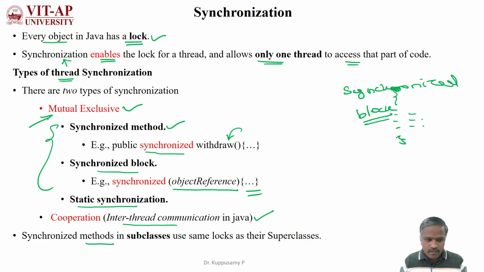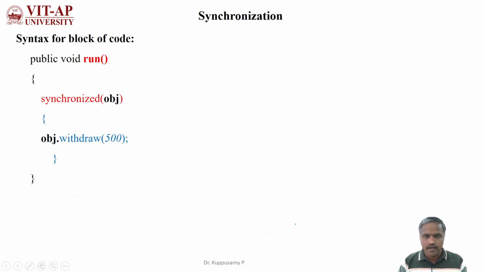In these three subcategories we can achieve the mutual exclusive control mechanism. The synchronized methods in subclasses use the same locks as their parent classes or superclasses. The syntax for the synchronized method is given here. The action portion in the thread concept is always written in the form of the run method. Once we call the start method for any thread, the run method will execute implicitly. Inside that run method we have to use any one of those approaches: synchronized block, synchronized method or static synchronization.